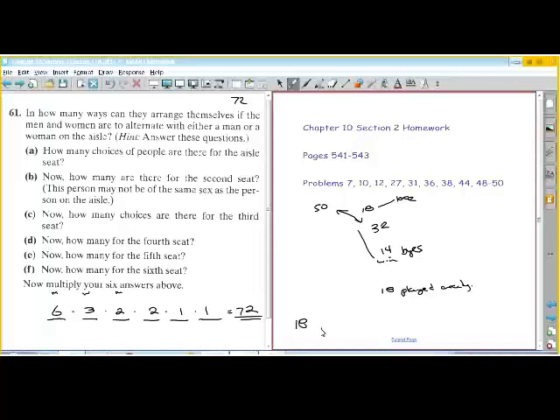It takes 18 games. So the preliminary round you're going to have 18 games. So that's the prelims. And then you're going to have your 32 teams remaining, and it's going to take 31 games to get the final solution.